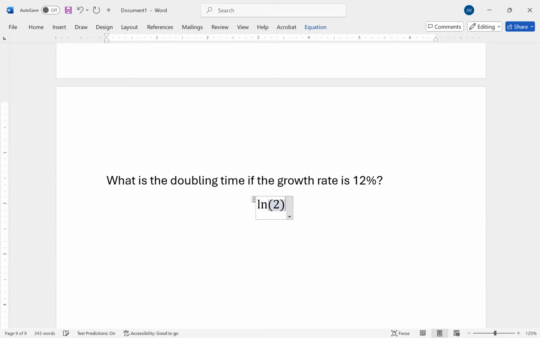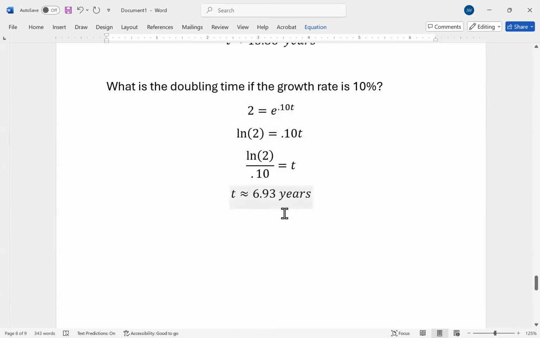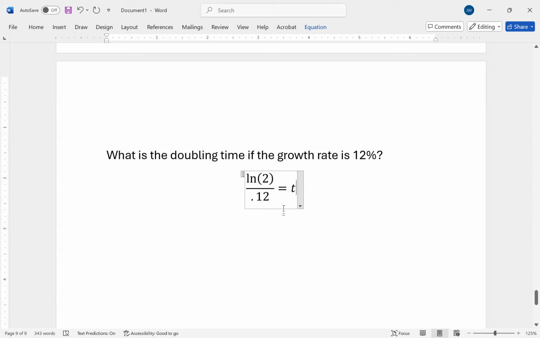We'd have to solve it in the exact same way, and my value of t would be solved by taking natural log of 2 divided by 0.12 for the exact same reason I did up here. I'd take 2 equals e to the 0.12 times t, and then natural log of both sides, and then divide by the 0.12 in the same way I did above.